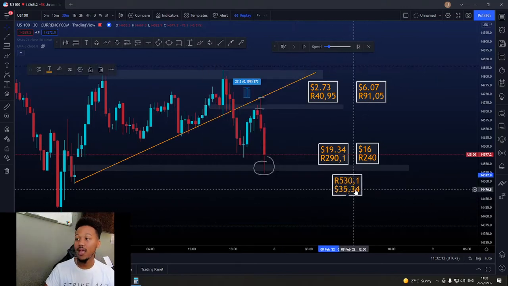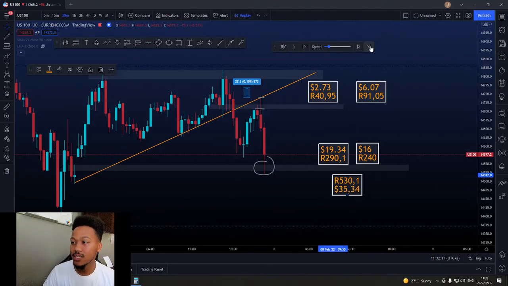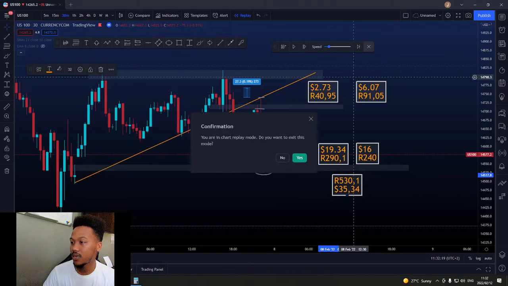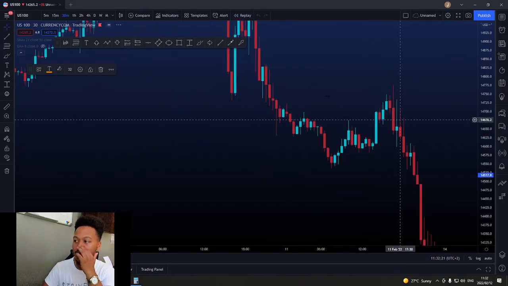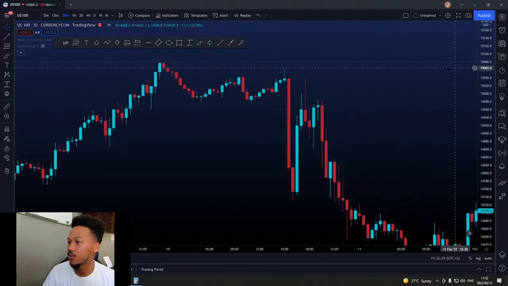Boom. And that's literally how you go about taking an actual trade. Let's see if we can have another actual example. This was a clean example as well. Clean one.